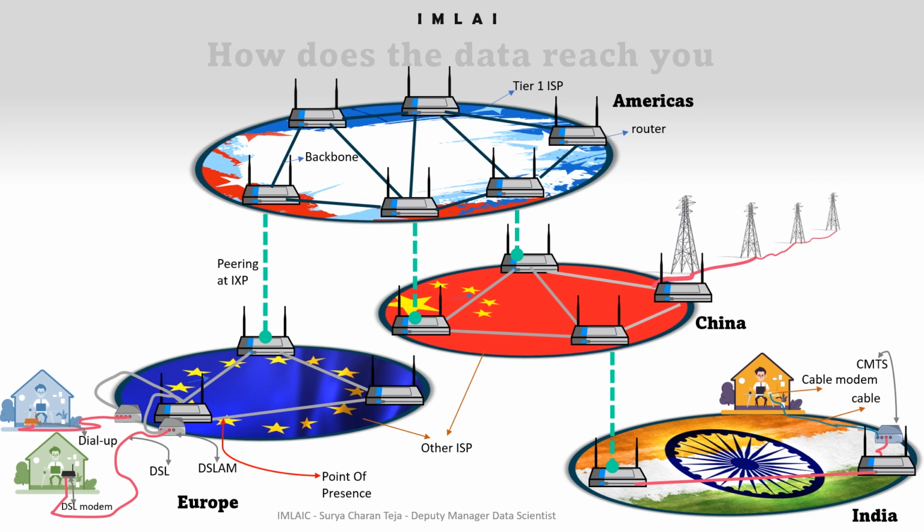Now DSL and cable provide internet access at rates from a small fraction of a megabit per second to multiple megabit per second, depending on the system. These rates are much greater than dial-up rates, which are limited to 56 kbps because of the narrow bandwidth used for voice calls.